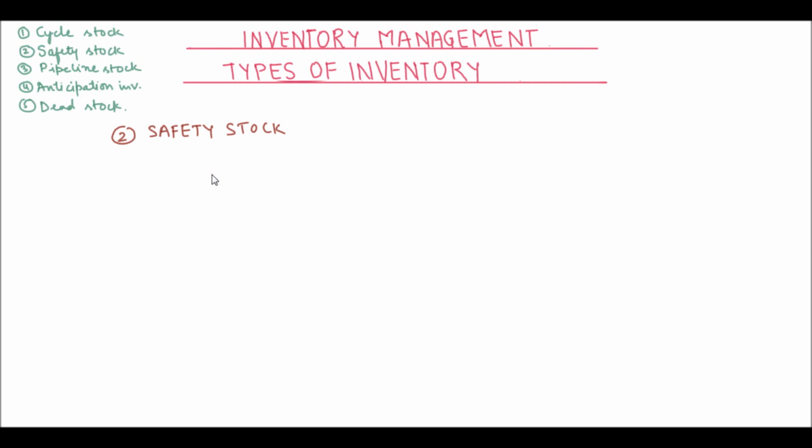Safety stock inventory protects against uncertainties in demand, lead time.